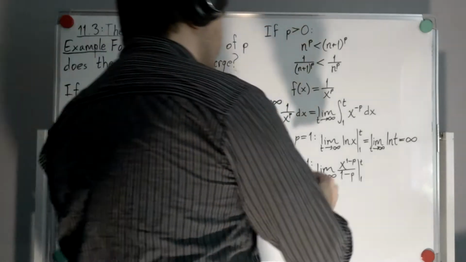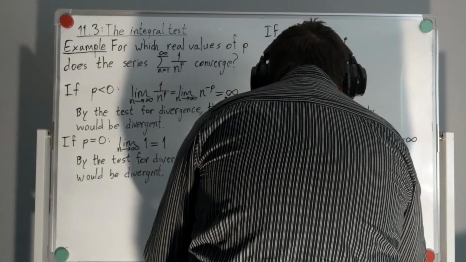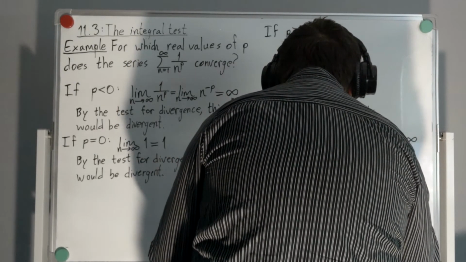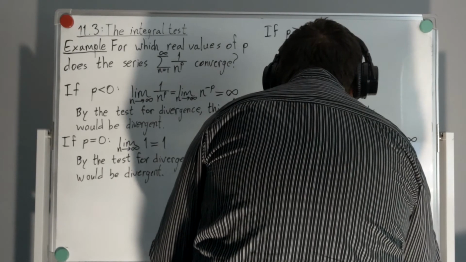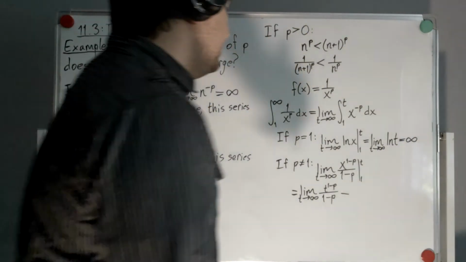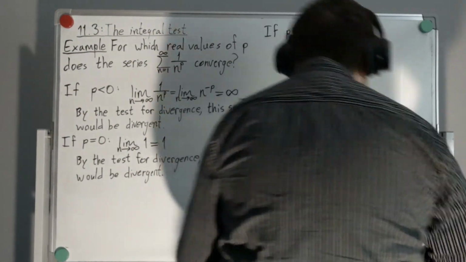So that would just be the limit as t approaches infinity of t raised to the 1 minus pth power divided by 1 minus p, minus 1 raised to the 1 minus pth power, which is just 1, divided by 1 minus p.